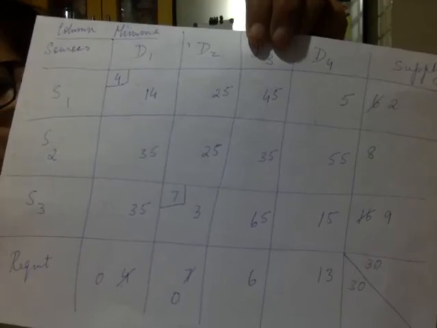So S2 to D3 we give 6 units. So when you give 6 units here, D3 has a requirement of 0. And then S2, 8 minus 6 you have 2. So this is how it looks now.